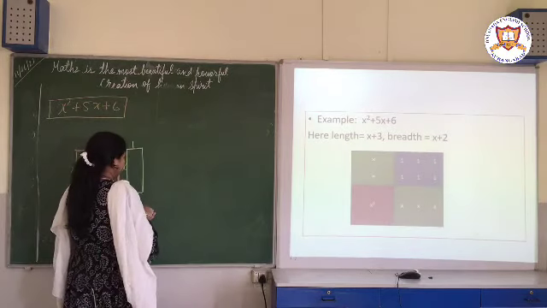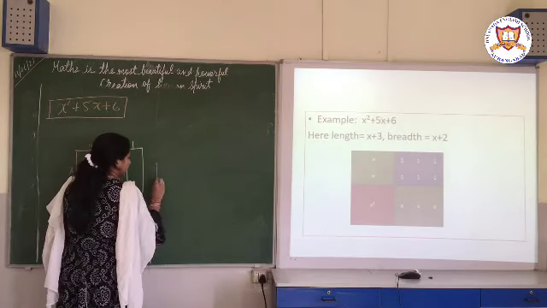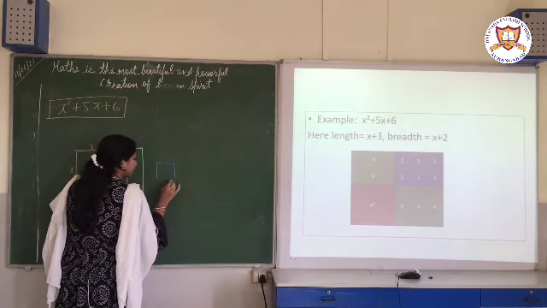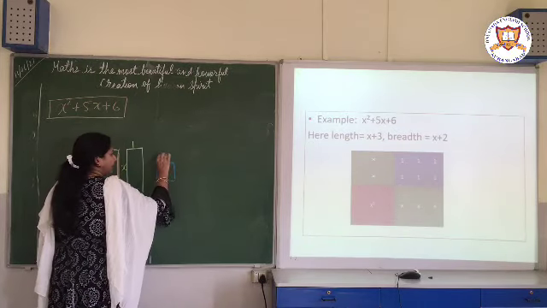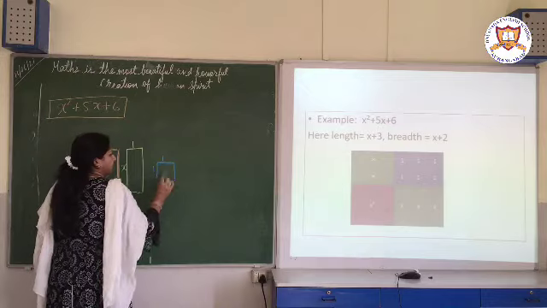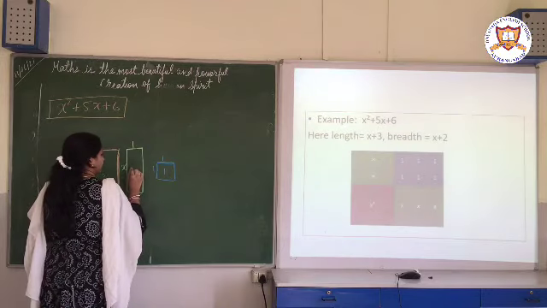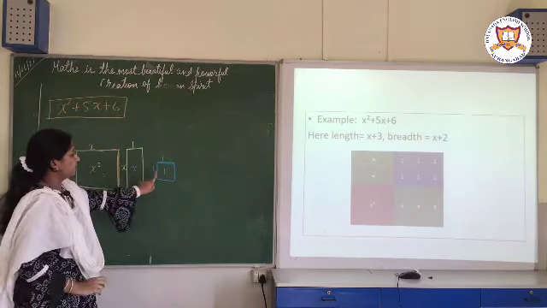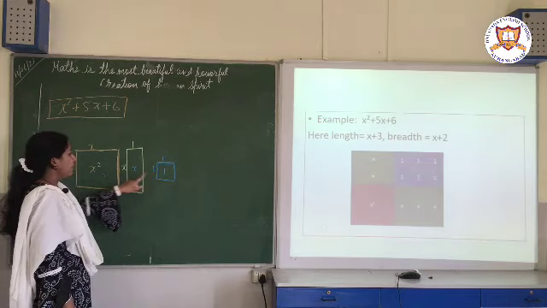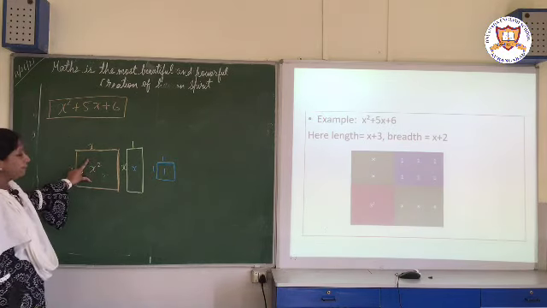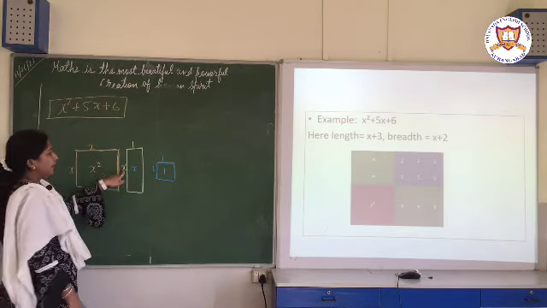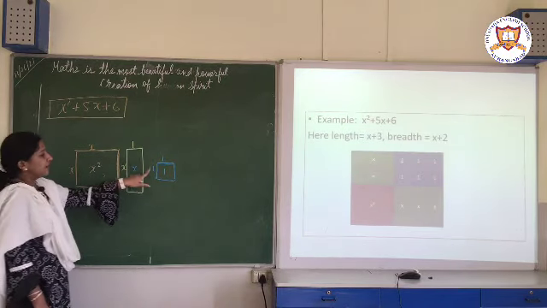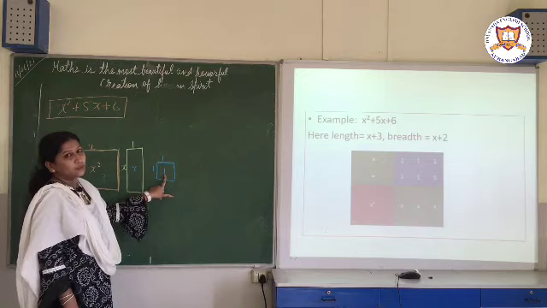Then another card we have made, a small square shape, and its length is also 1. So what will be the area? The first square, x multiplied by x, is x square; x multiplied by 1 is x; and 1 multiplied by 1 is 1.